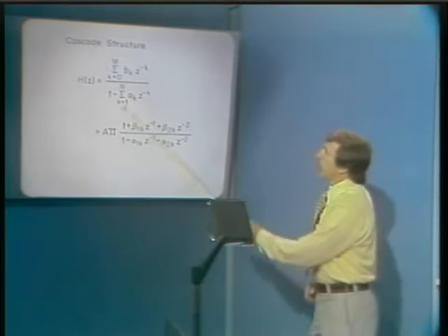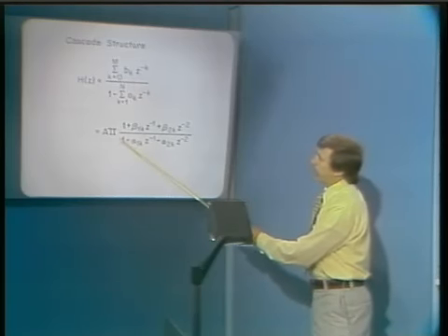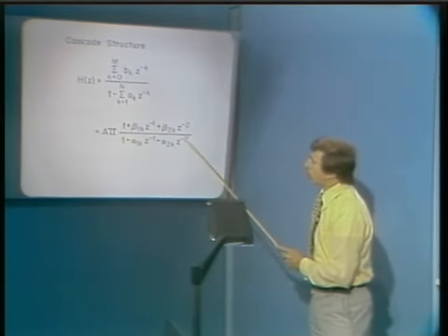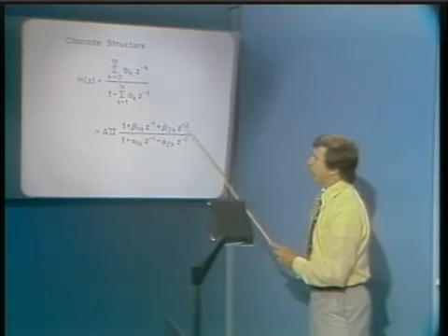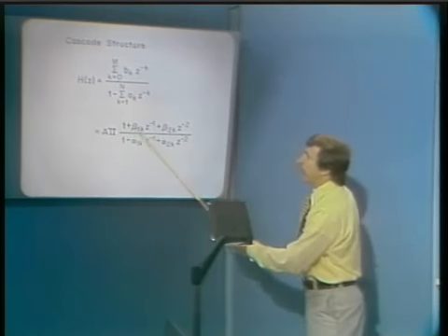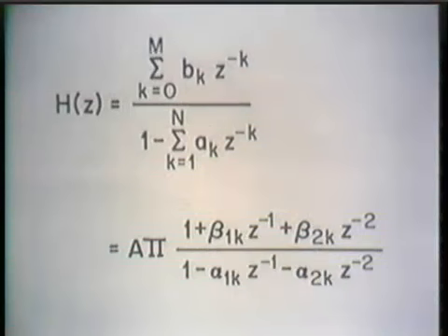All right, so factoring this transfer function into a cascade of second order sections, what this leads to is an implementation of the system as a cascade of second order systems. And we again have the choice of implementing each second-order section in a variety of ways corresponding to the various direct forms that we've talked about previously.